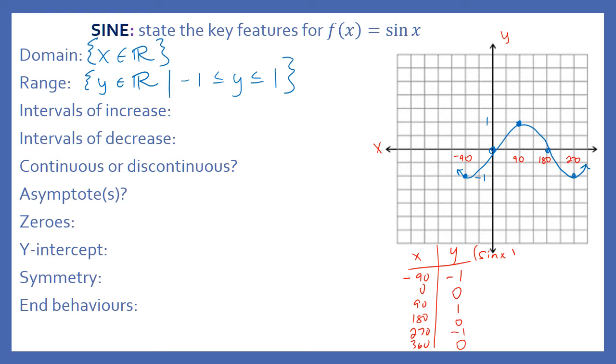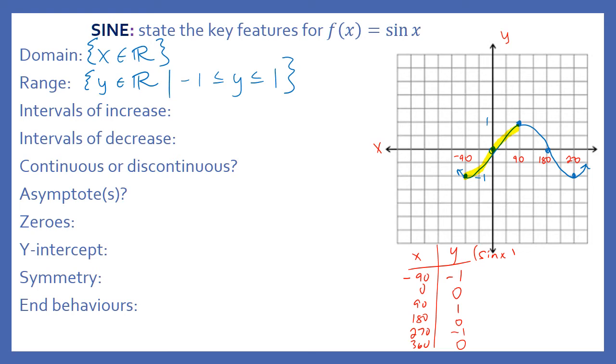Intervals of increase or decrease. So if I go left to right, so I'm going to trace over here. So as I go from here to here, I am increasing. So I'm increasing.